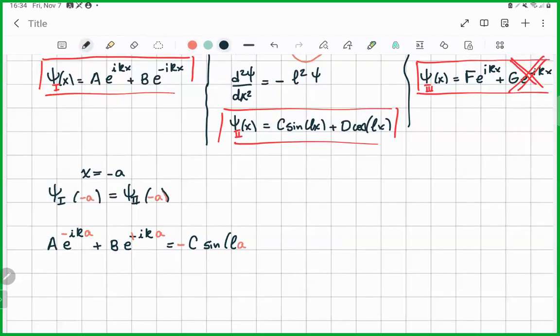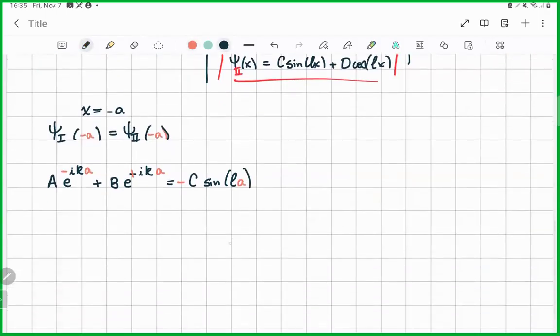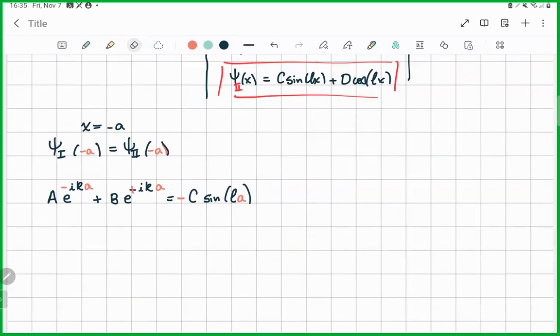Why is that? Think about the sine. The sine of theta is this projection here, positive. But the sine of minus theta is this projection here, which is negative. So that's the property of sines that we are using.